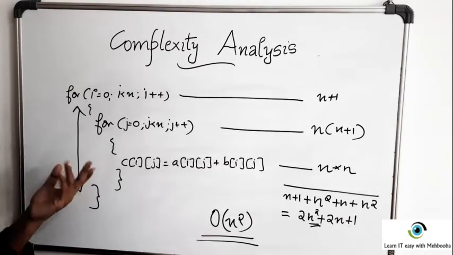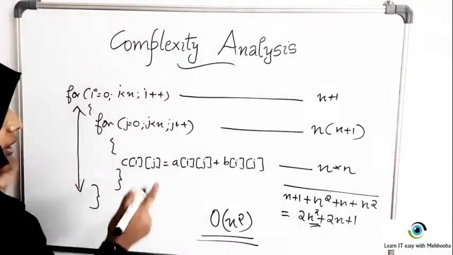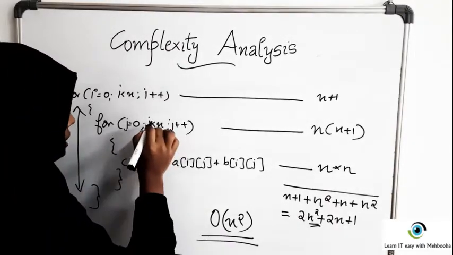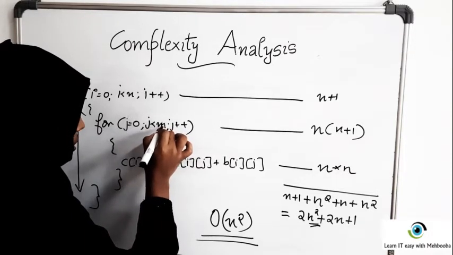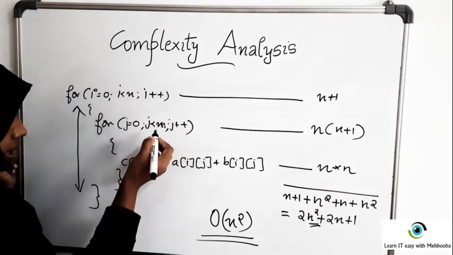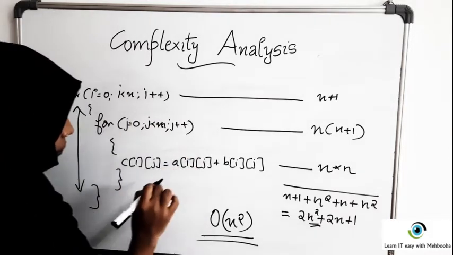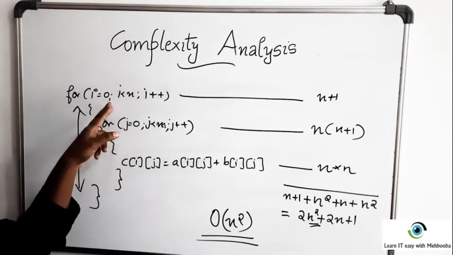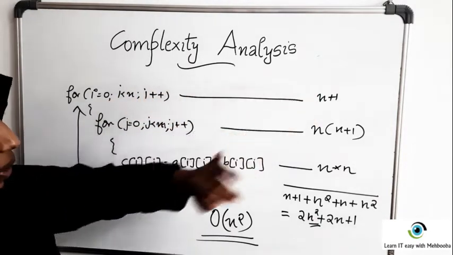So again, I am making a slight modification to this code so that you can understand it better. Assume that the matrix was not a square matrix. So the second dimension is n rows and m columns. Okay. So in this case, this loop will run 0 to n plus 1 times.